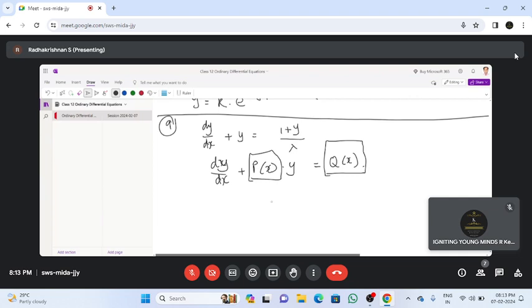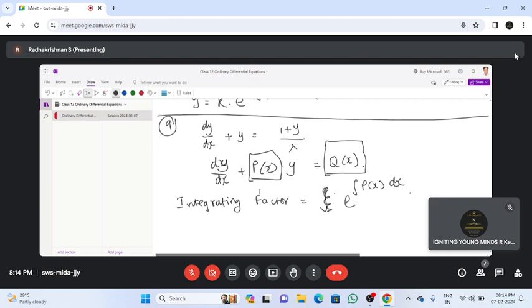What is the integrating factor? Once we have written the equation in this form, we can write the integrating factor. Integrating factor equal to e power integral px dx.